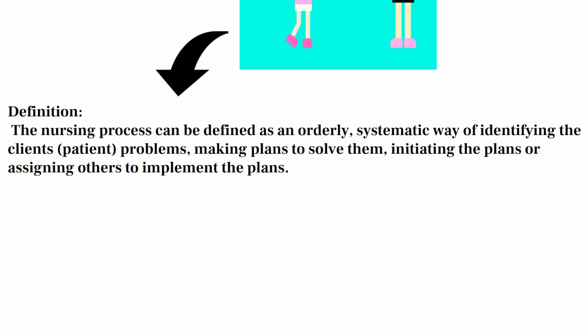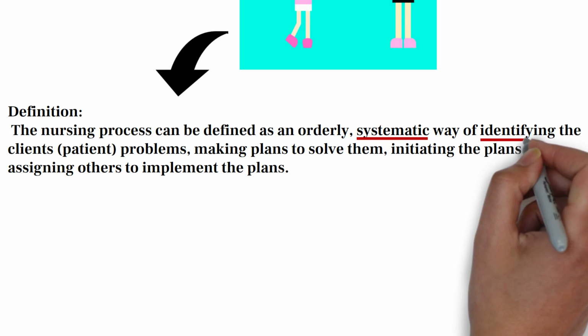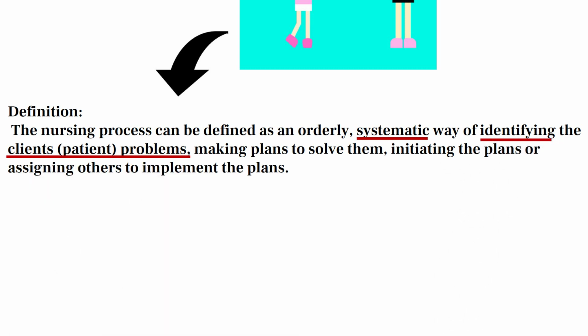That means it is a sequential, step-by-step process of collecting the health status of a patient, and then after identifying the problem the nurse needs to make some plans to solve the patient's health problem or health issues, and after planning the nurse will initiate the plan of care to the patient.